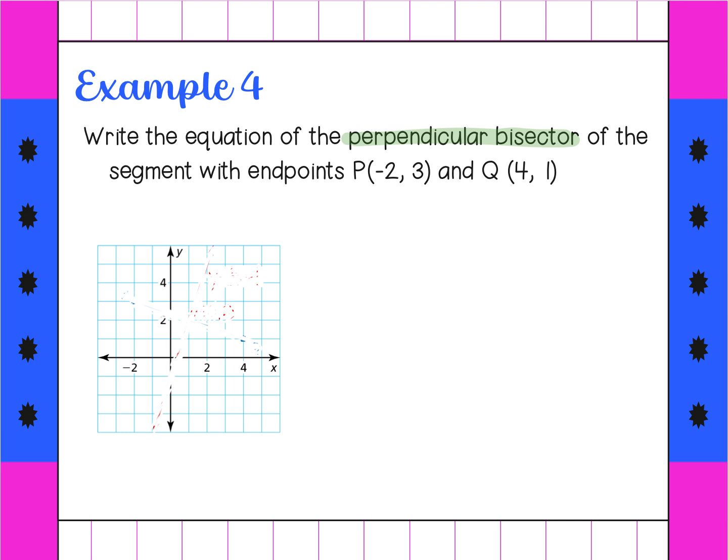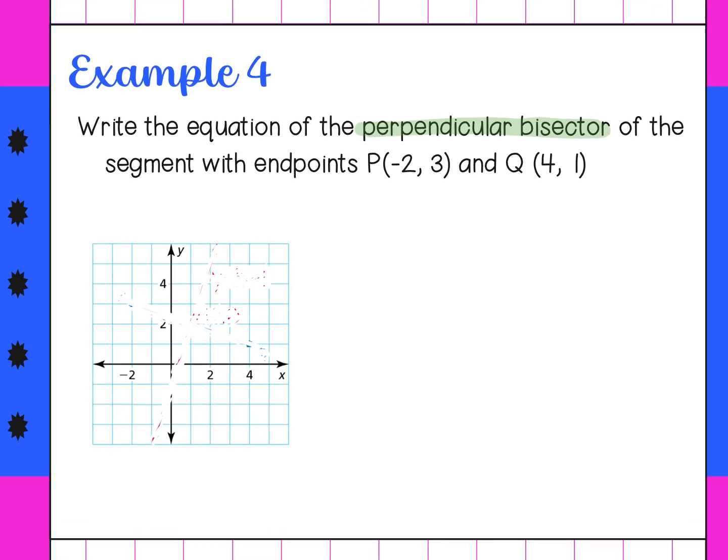We have seen these before when we were doing perpendicular and parallel slopes and graphing them. So we're kind of doing the same process, so please follow along because this is quite a long process.